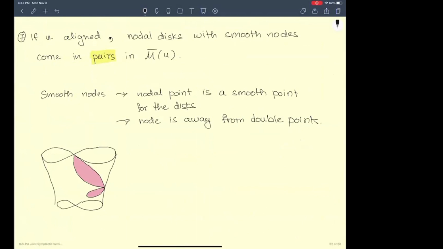If you have u1, u2, dot dot dot, un sitting inside the moduli space, such that the common node between u1 and u2 is in the interior, so it's smooth, then there'll be one more, so you can pair them off. They'll always come in twos. Okay, so basically the moral of the story is if I take my initial holomorphic disk to be nice enough, I can not care about these interior breakings.